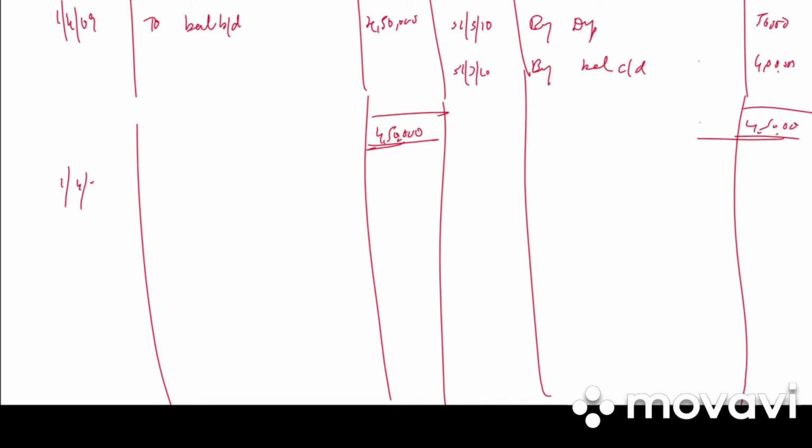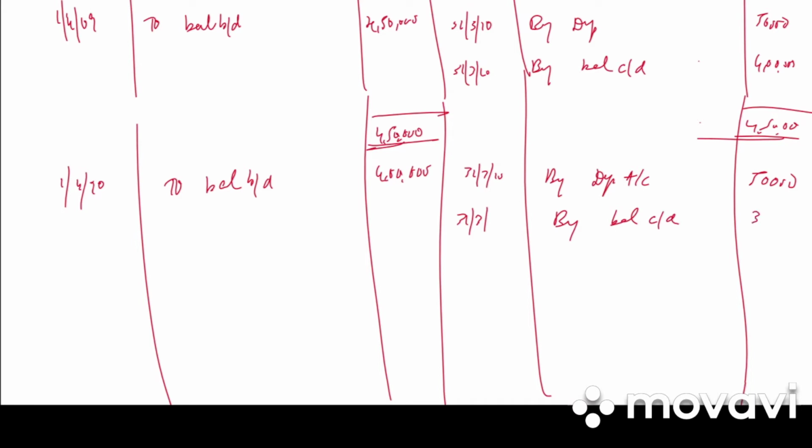Then on 1st April 2010 to balance brought down, 4 lakh. 31st March 2011 by depreciation account, 50,000. 31st March by balance carried down, 3 lakh 50,000. So 4 lakh, 4 lakh.